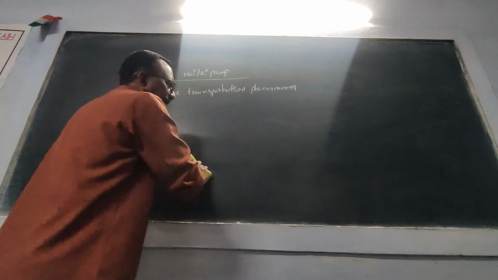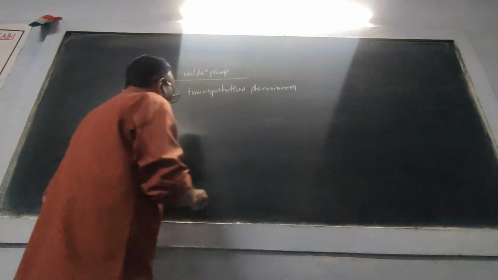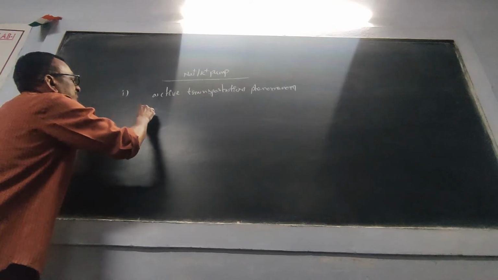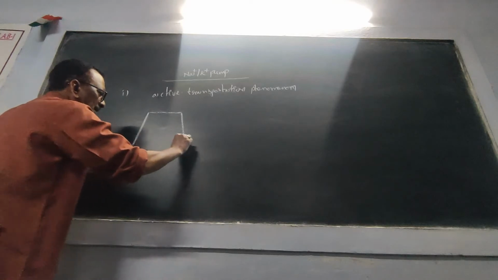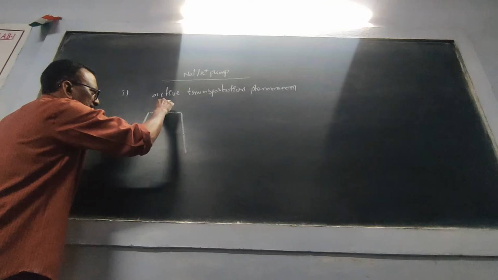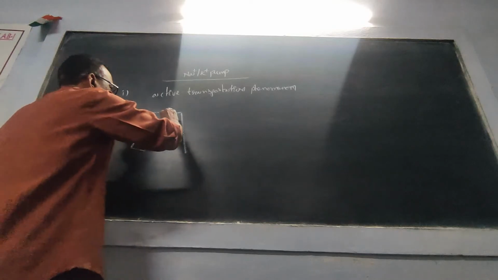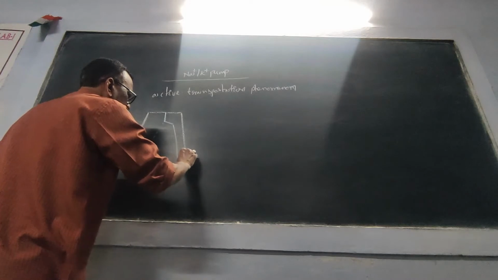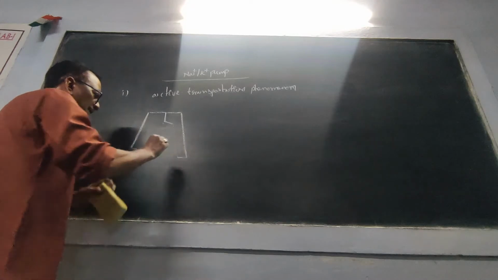Now I will draw the diagrams also. Just try to see, please. Here I am drawing an inverted V, with a dotted line first.